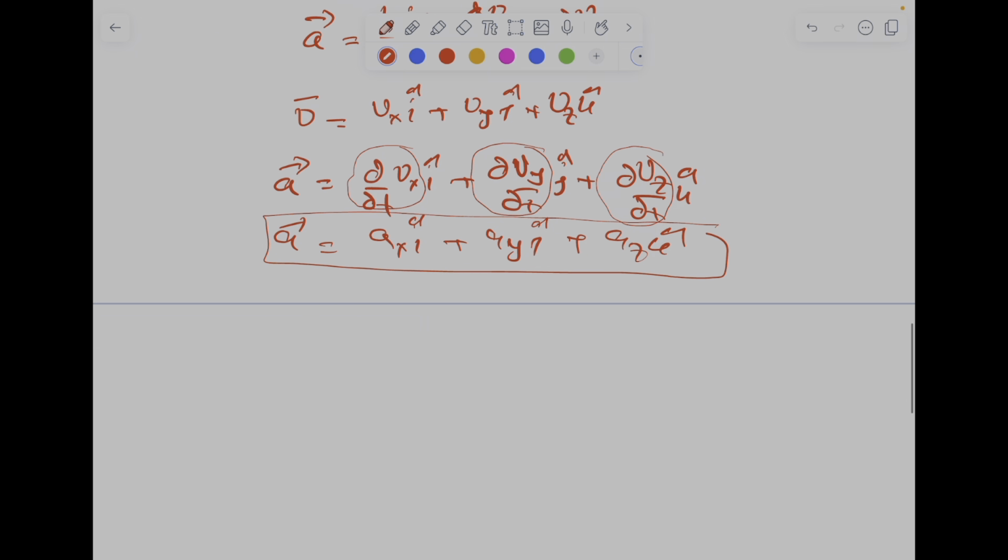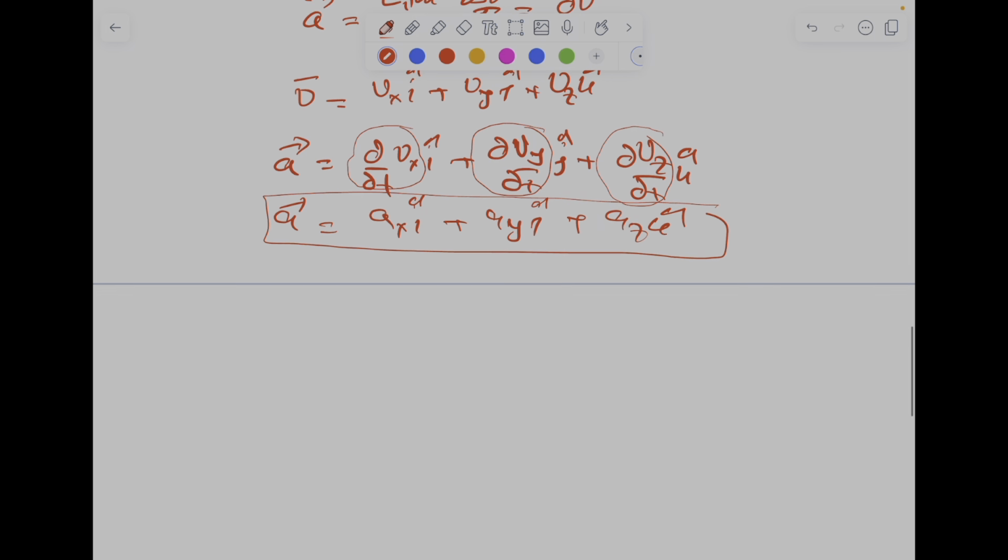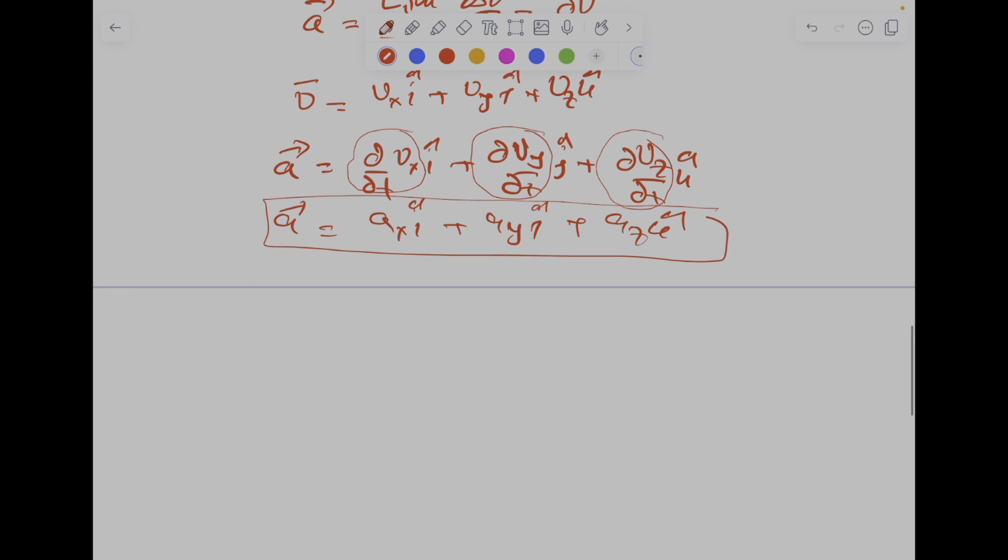In general, this acceleration has two components. As the particle moves along the path, at every moment in time it changes its velocity. If the velocity changes direction, this acceleration has two components.